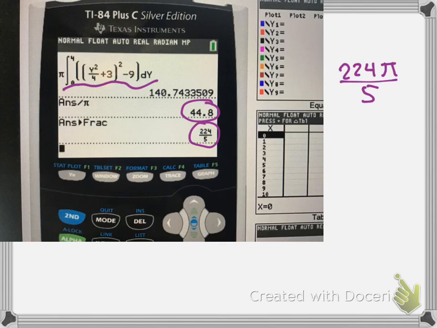Let me try it on Khan Academy. Pi divided by 5. And we got it.